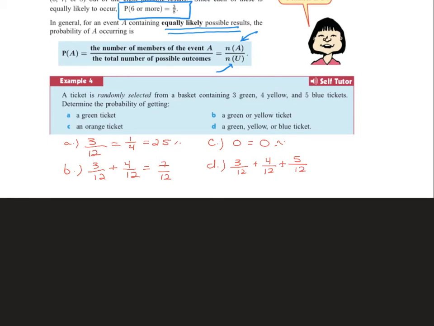Since I want either a green or a yellow or a blue, I'm going to add all of those corresponding probabilities together. Well, what do you notice? You get 12 out of 12, which is 1. That means that if you were to draw from a basket, obviously you're going to get either a green or a yellow or a blue no matter what. So it makes sense that that's equal to 1 or 100% chance of occurrence.